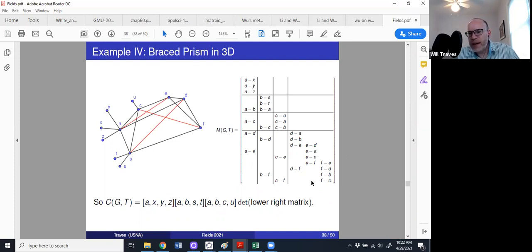Well, again, if you look at it closely, what you find is that it's the augmented matrix for this triangle DEF, where each of the points D, E, and F have been tied down to 2 other points, like this.